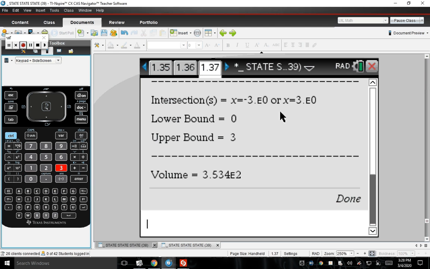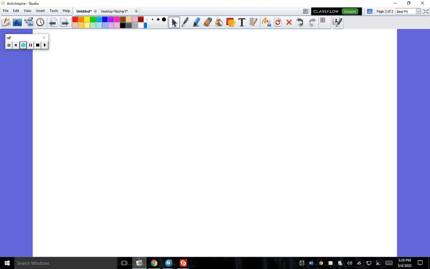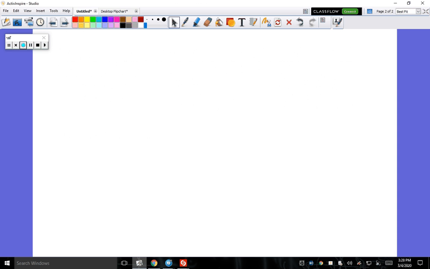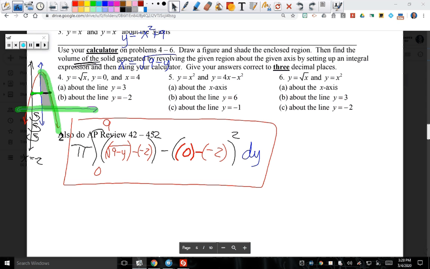So if you have no clue how to do these problems, you could follow those prompts and even get the answers. But that's only really just to quickly see what should I be getting. Your goal is to learn how to set it up. Your overall goal with all of this is to end up getting this right here.